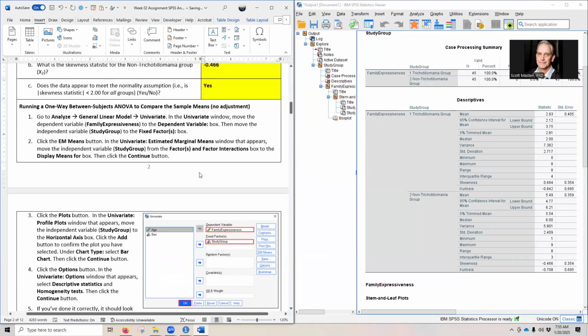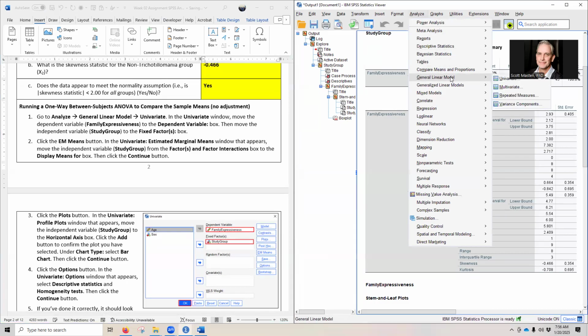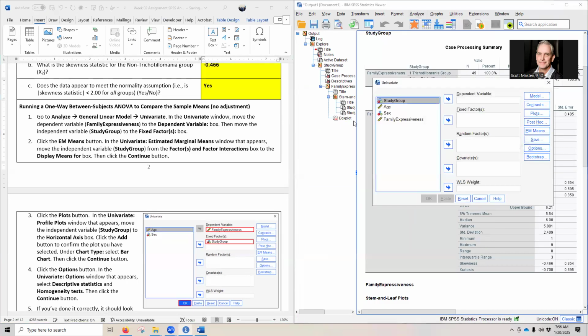So now what we're going to do is an ANOVA, where we just compare the two groups on their family expressiveness without any covariates. And this is for didactic purposes, to show you how it changes when there is an ANCOVA. To run this, we go to Analyze, General Linear Model, and Univariate.